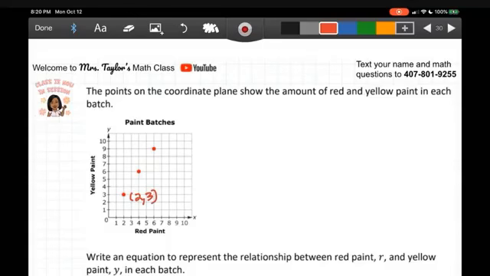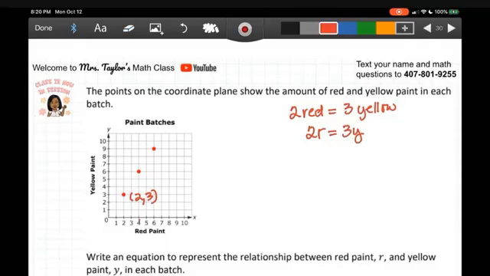So if I have 2 of the red, then that means I have 3 of the yellow. So instead of writing the words, you write the actual variables. So this would be 2R is equal to 3Y. And that'll work every time. So what is the next one?